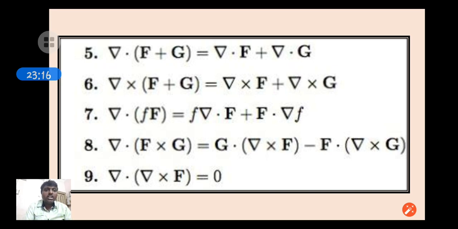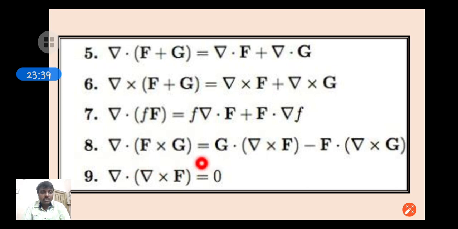A few more results, you can note them down. Del dot f plus g, where capital F represents a vector point function, and capital G is also a vector point function. These are some more results, note them down. The ninth one we already proved here: del dot del cross f bar is 0.